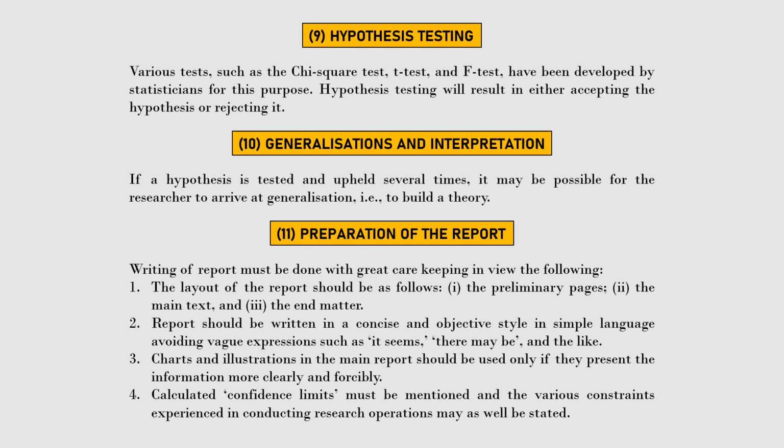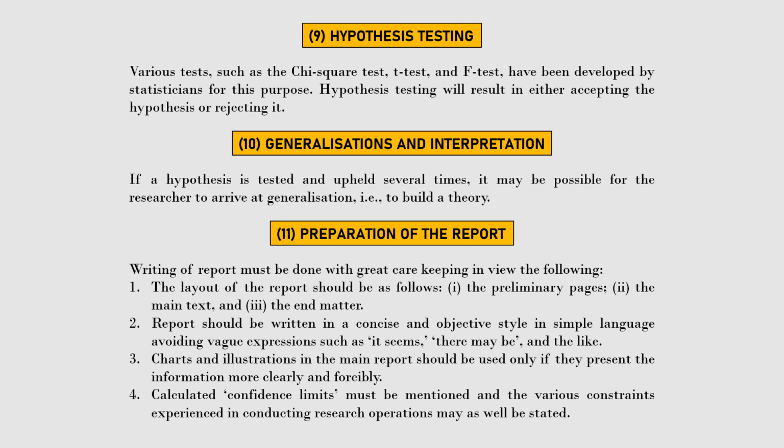And the last part is the preparation of the report or thesis. So here finally the researcher has to prepare the report, and there are some requirements like the layout of the report should have preliminary pages, main text, and end matter. And in the preliminary pages, it should have a title, some acknowledgements, foreword, and table of contents, followed by a list of tables, lists of graphs and charts.